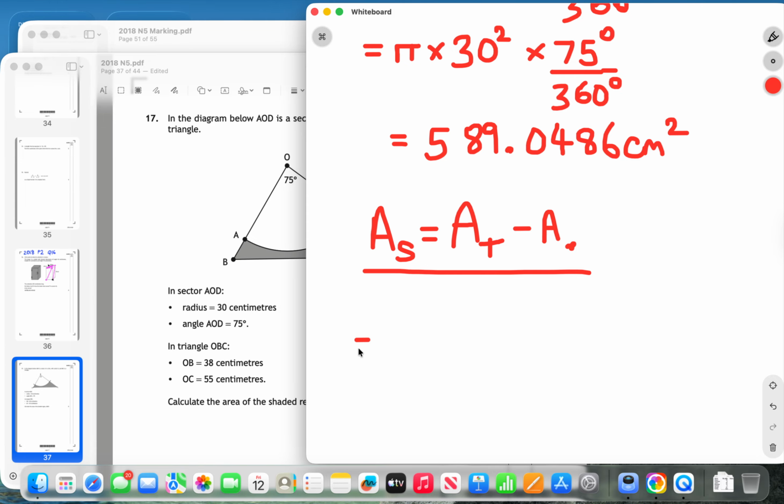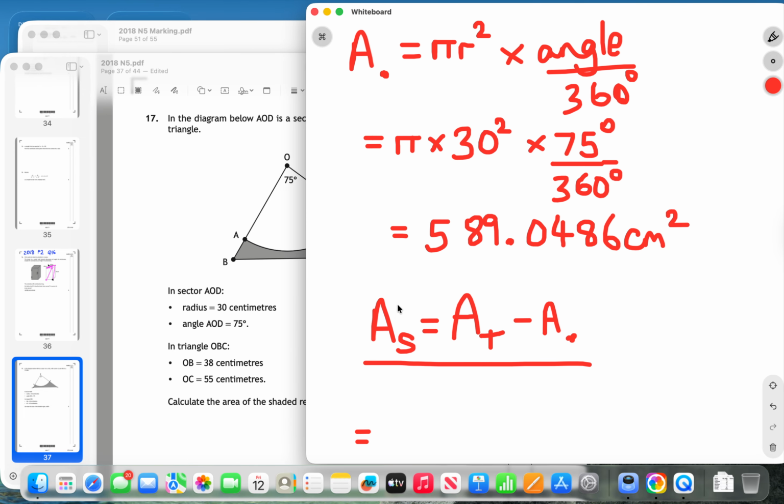So let's substitute the values that we got up here.